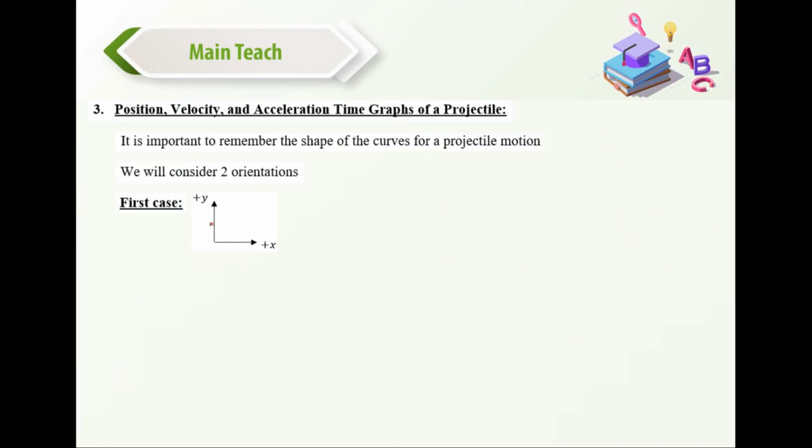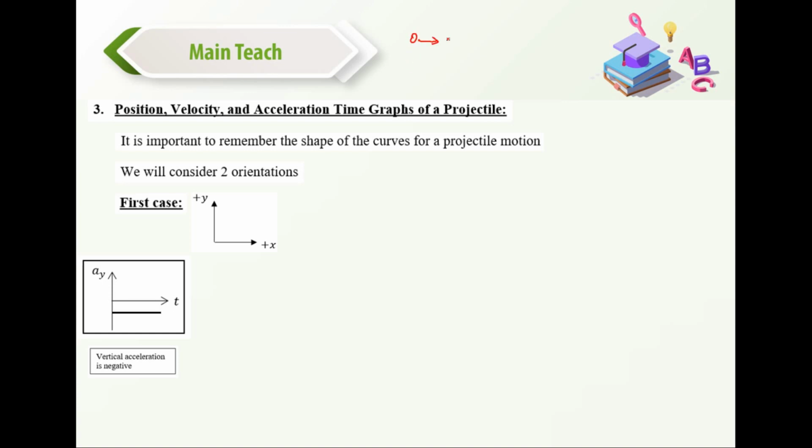And now we're considering the case where the positive direction is up. Before I discuss that, let me write the order that we follow in such interpretations: from 0 to constant, to linear, to quadratic, and that would be a to v to x. Along the vertical direction, the acceleration is constant.